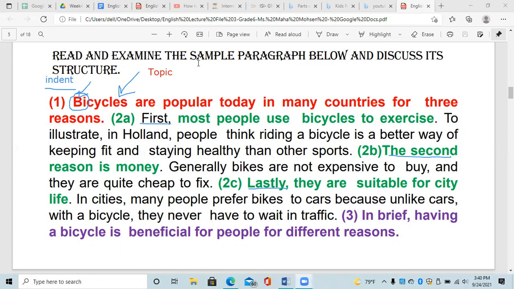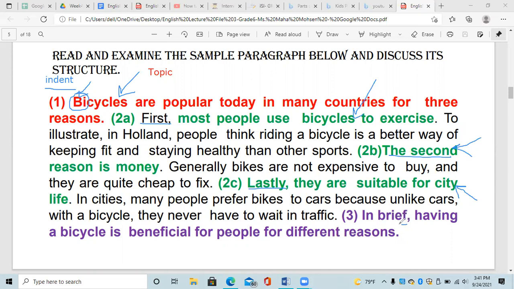And then comes the supporting details, which are 1, 2, and 3. So these are supporting details for this main idea about the topic bicycles. After that, you have, in cities, many people prefer bikes, and this is still an illustration of this idea. At the end, you have number 3. You can see number 3, it's highlighted in a different color. In brief, having bicycles is beneficial for people for different reasons.